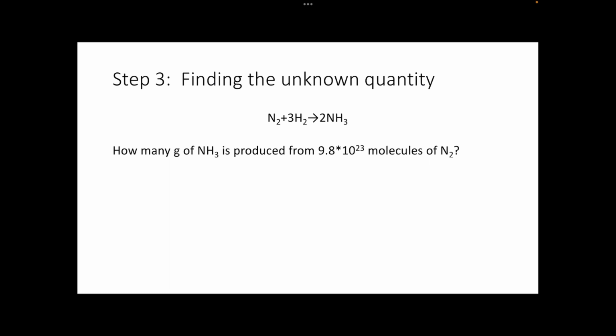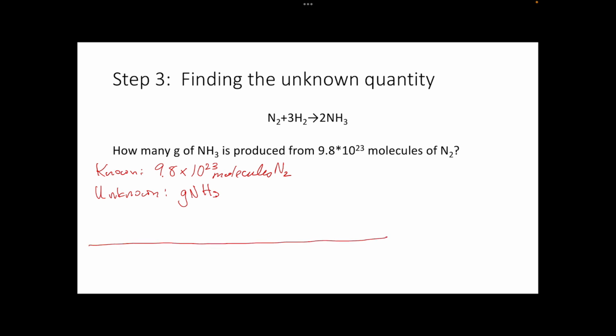So the first one, we know that we have 9.8 times 10 to the 23rd molecules of N2. We want to know how many grams of NH3 is produced. So now we're going to have 3 steps.